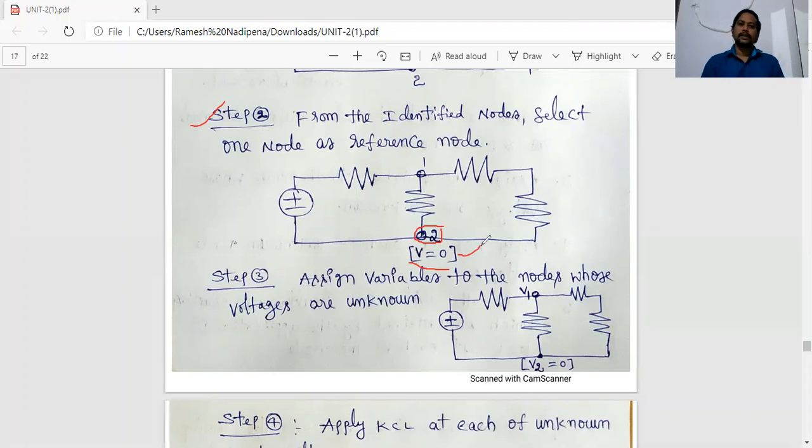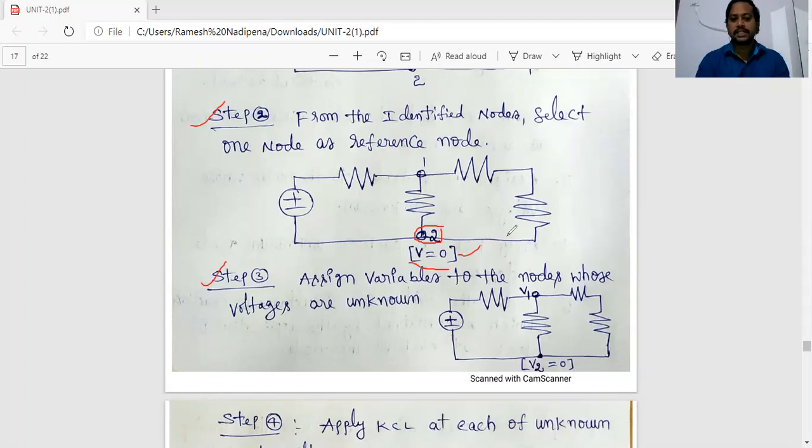Very simple. Now step number 3. What is step number 3? Assign variables to the nodes whose voltages are unknown. How many nodes are there? 2 nodes, and one of them should be grounded, so only one node remains. Assign a variable to the node whose voltage is unknown.